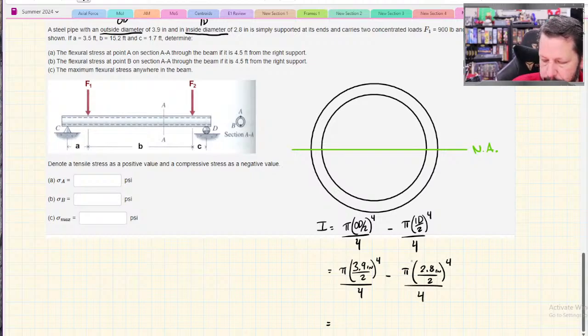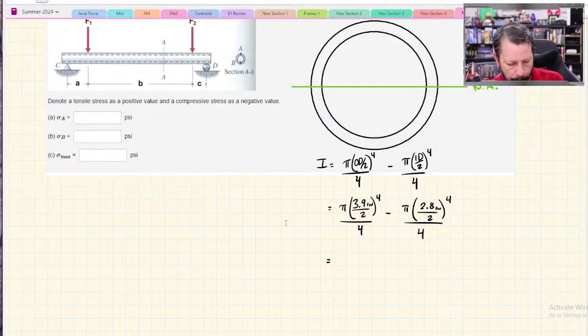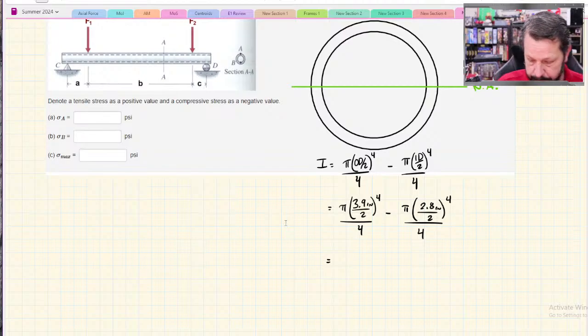And we can calculate our moment of inertia that way. This one is not a terribly difficult moment of inertia to calculate. It's pretty straightforward. So I think I get 11.356 for the first part.